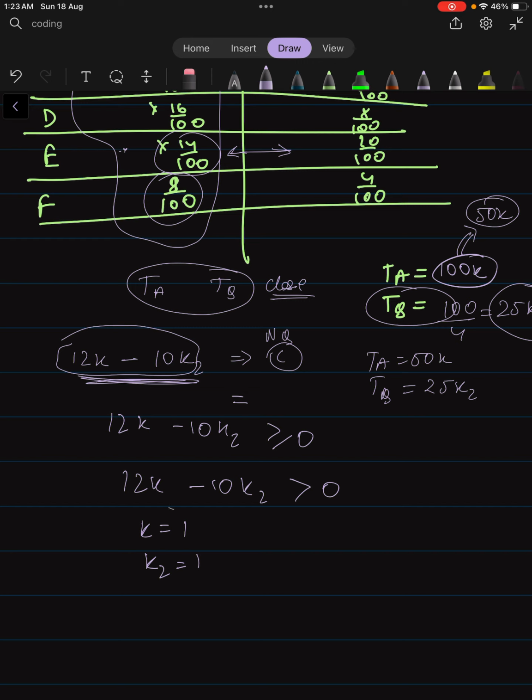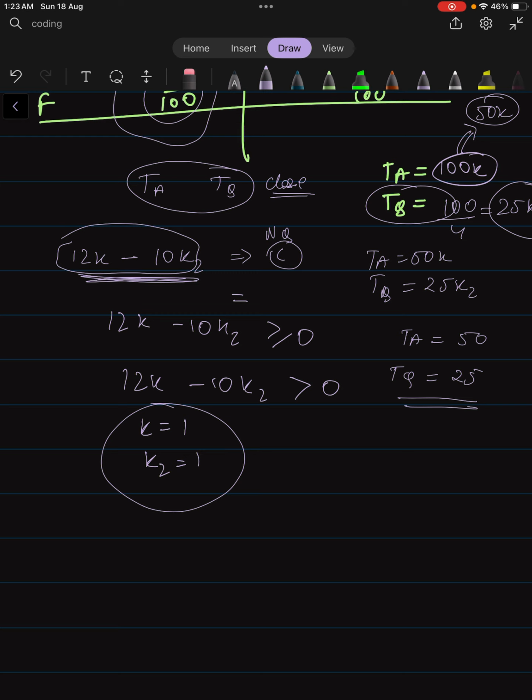If this happens, the answer is coming out to be true, and hence TA can be 50 and TQ can be 25 in the scenario where we want the least possible values. Now if I check the answer, we were asked what is the least number of students who did not qualify, and the answer was 25, which is correct, because TA minus TQ will give me the number of students who did not qualify, which is 25.